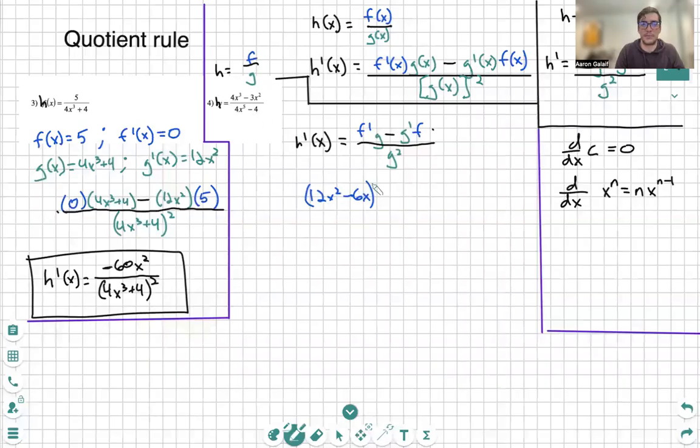Next, we keep the denominator, do not change. This is going to be a little bit of a long one. We have a subtraction sign in between them. And we're going to derive the denominator, 20x to the 4th. Remember to subtract by 1.